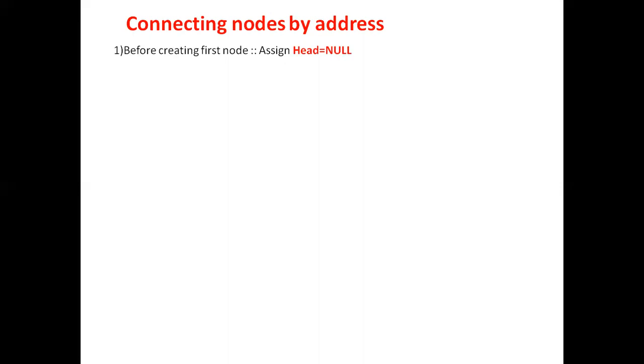So in the previous slide, we have seen what a structure is, how to declare the node structure, and we have one pointer variable, that is star head equal to null. Initially we are assigning the head value null, which means there are no nodes in the single linked list, so our single linked list is empty. Now if you want to create one node, we are using dynamic memory allocation concepts.